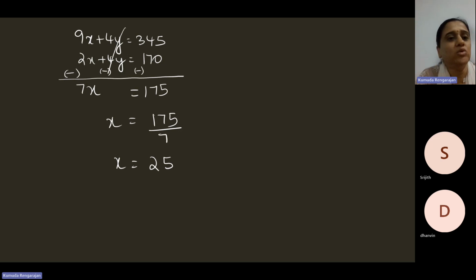When we tried to add the two equations, we got x and y again. So when we change the signs throughout in the second equation, we see that 4y minus 4y is 0. So we're able to solve and find the value of x. Substitute the value of x in one of the equations, and then you should find all the angles.